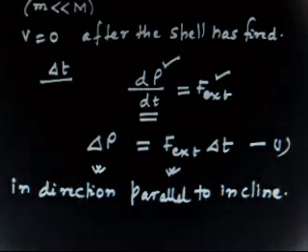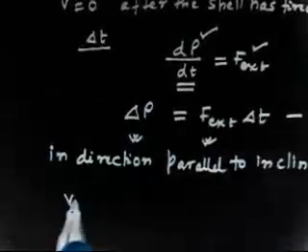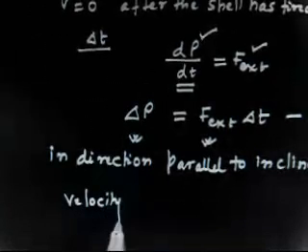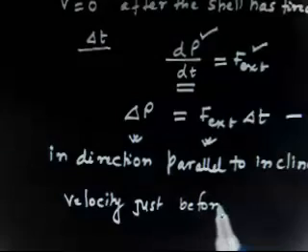I will give you 1 minute. Let us think how you will apply this. First you find velocity. I will give you a hint. First you find the velocity of this mass here. What will be the velocity just before the shot? So you find the velocity just before firing.